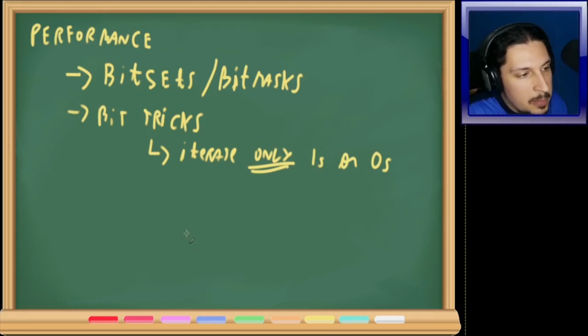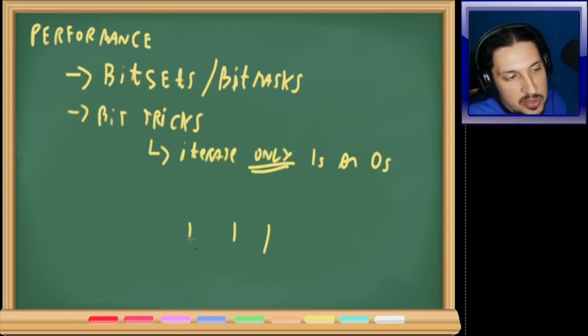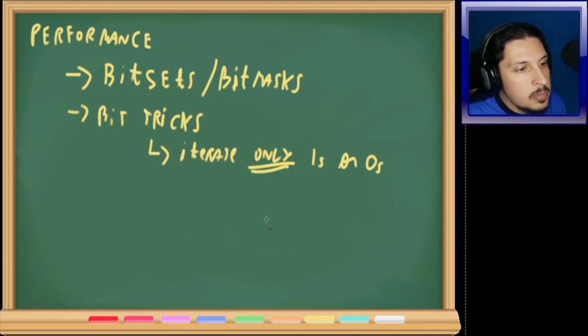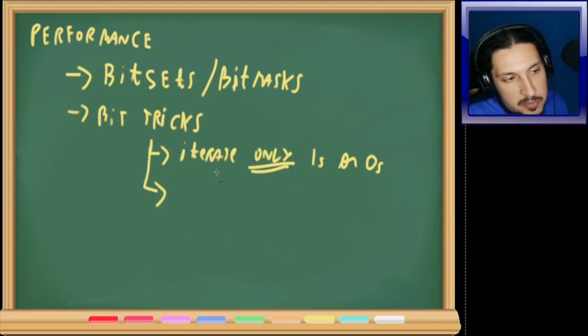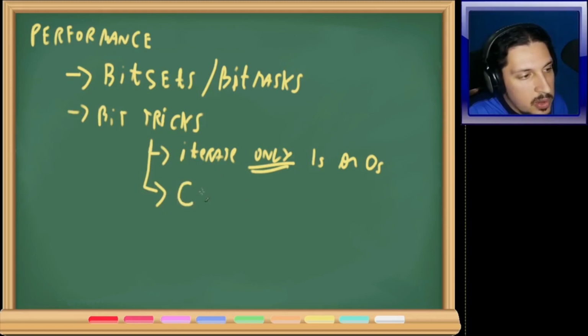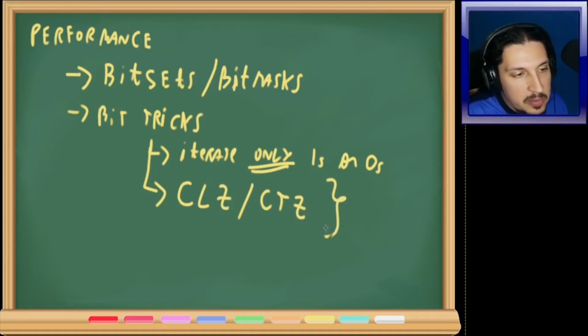Like, if you have a mask that you know has only 3 ones, for example, and you want to quickly go to those 3 ones and know their indices and not have to check all of the bits one by one, you have to know how to do that. And basically for that, it's very useful to know how to count leading zeros and how to count trailing zeros. These details depend on which programming language you're using, but you will find tutorials probably in Codeforces and in Topcoder and many other sites about bit operations and bit tricks, and you will find many.